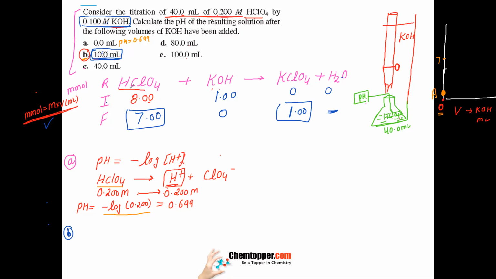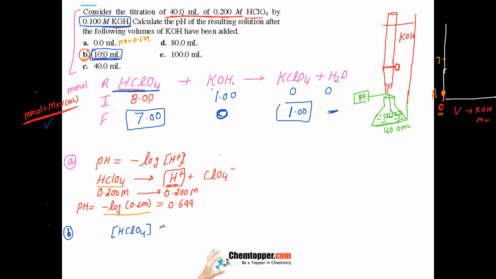This acid is stronger than this KClO4. This base is stronger, but the base is 0. The base is also very strong, but it's 0. So the acid is going to determine the pH. But for that, I need to know the concentration of HClO4.